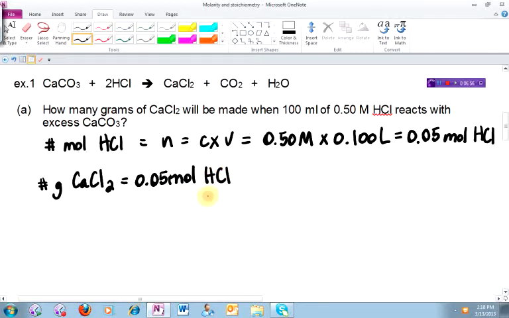If you remember from our stoichiometry unit, when you are going from moles to grams, we need to look at the conversion factor, and the conversion factor can be obtained from the equation when you're looking at the mole ratio. So let's take a look. We've got a coefficient of 2 in front of HCl, and there's no coefficient in front of calcium chloride, so that would just indicate 1. So we have a mole ratio of 2 to 1.